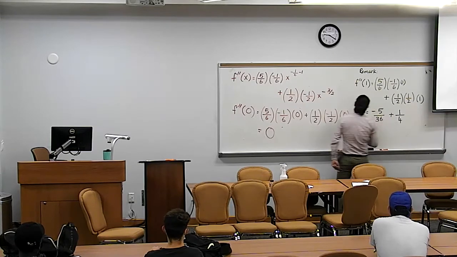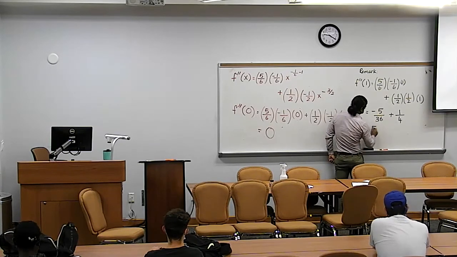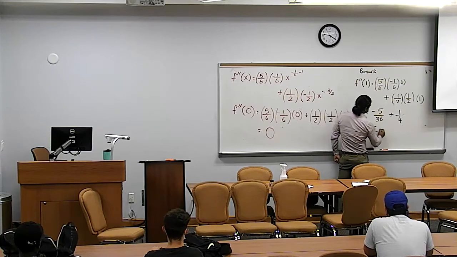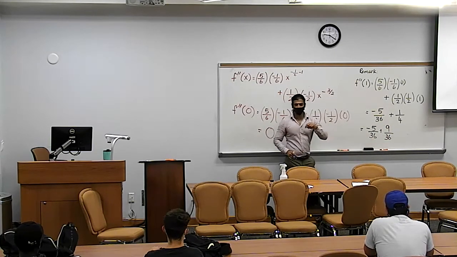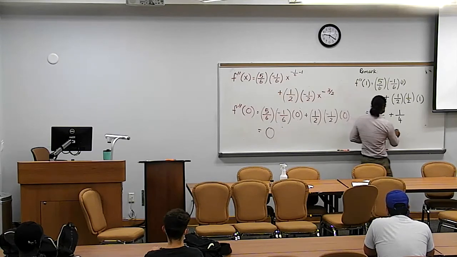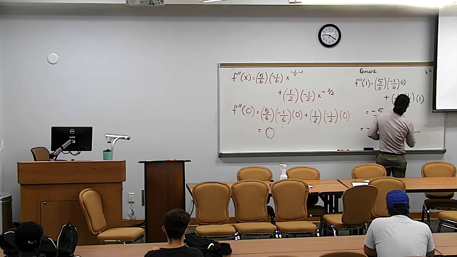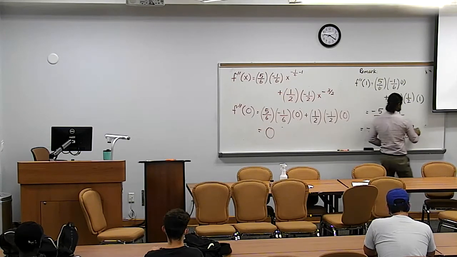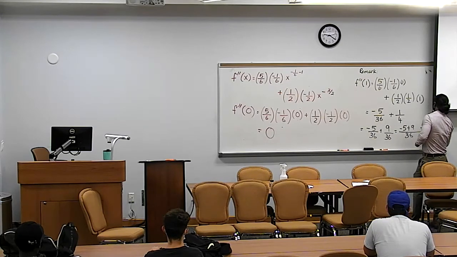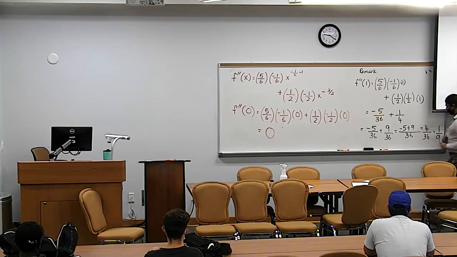So we have -5/36 plus 9/36. We have a common denominator, so combine the numerators. -5 plus 9 over 36 is 4/36, which is 1/9.